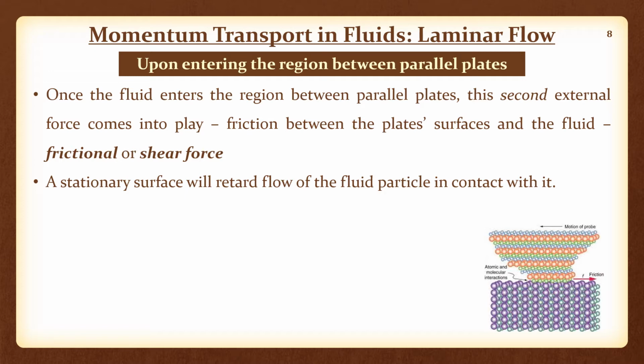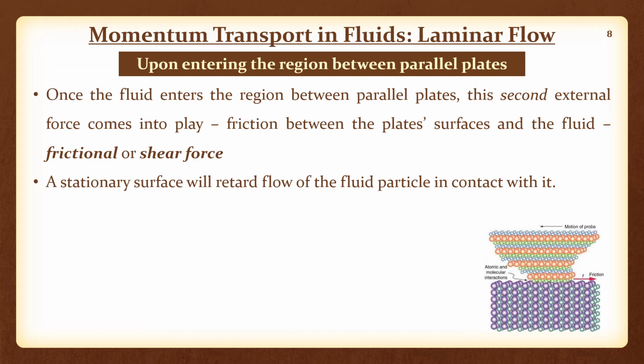So if the purple colored molecules, essentially the purple colored system, is basically the stationary surface, then the first green colored molecules are right above the purple colored surface. And of course, keep in mind that we should be careful not to confuse molecular length scales with continuum length scales.